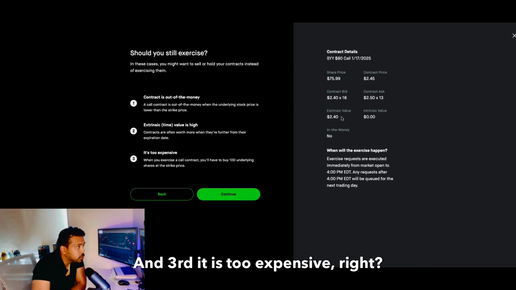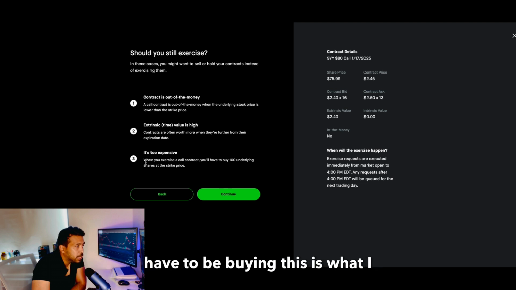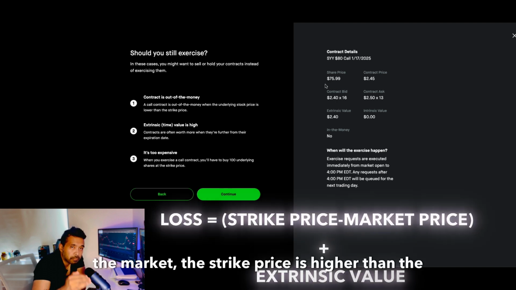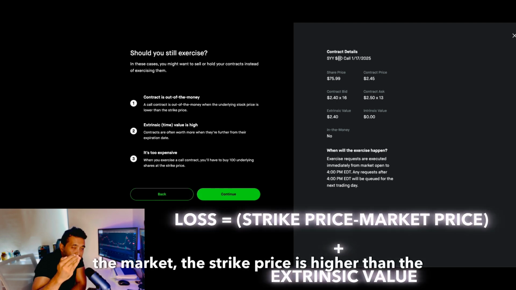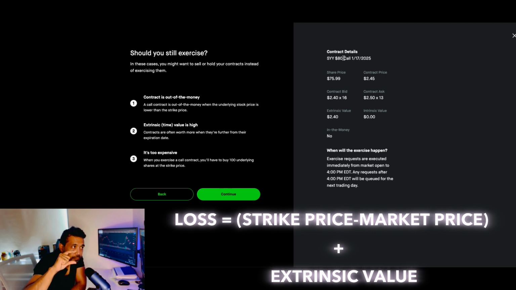And third, it's too expensive. When you exercise a call contract, you will have to be buying. This is what I said. So basically, if you buy this, the strike price is higher than the underlying price, so you're already in the loss of that plus the extrinsic value.